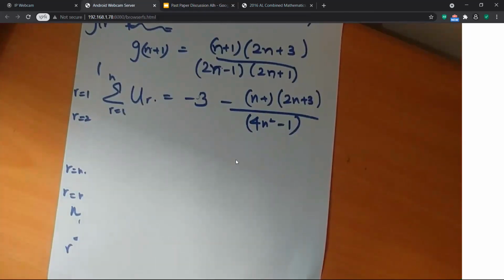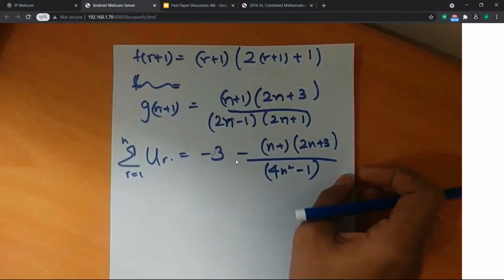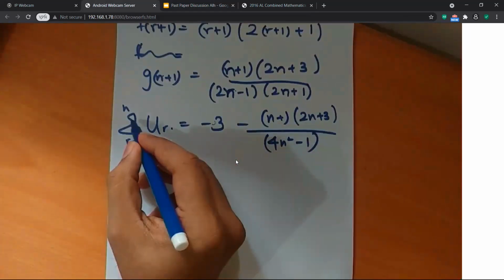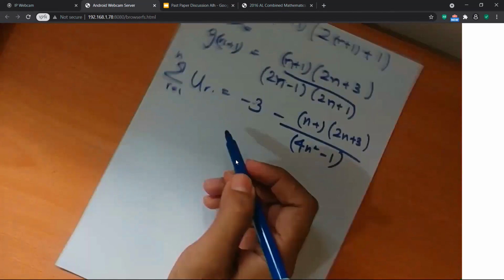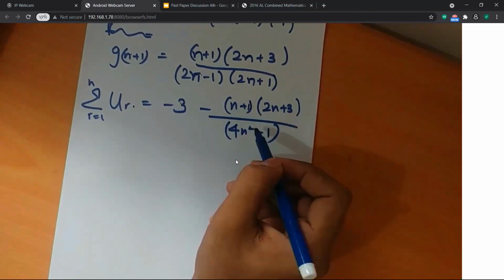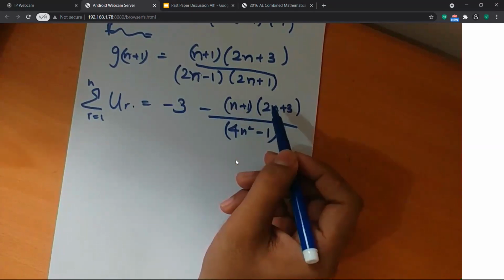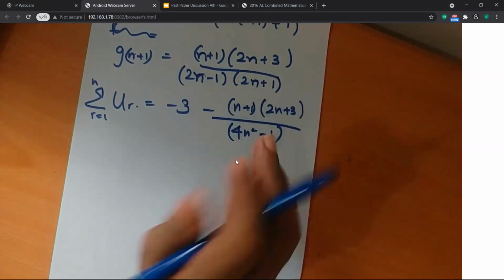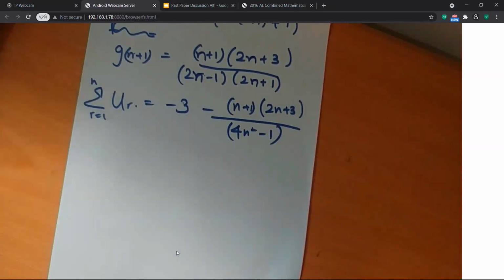So the last part is we need to find if it's convergent. So we need to put r equals 1 to infinity. Now you can't just substitute infinity here, because you get infinity and then here also you'll get infinity. Infinity times infinity is not defined. So when you're substituting infinity, first of all, make it in the format that you can put infinity.